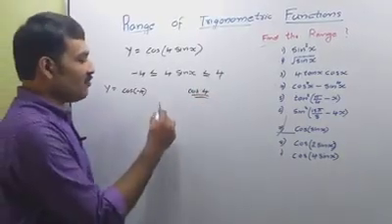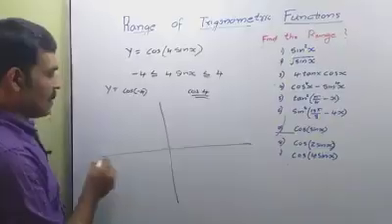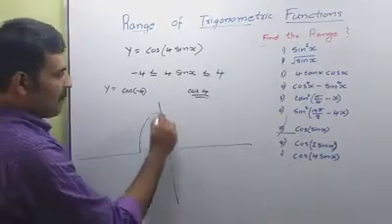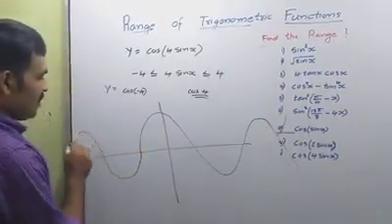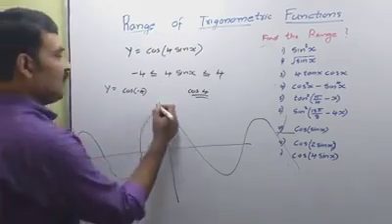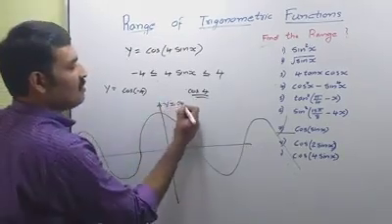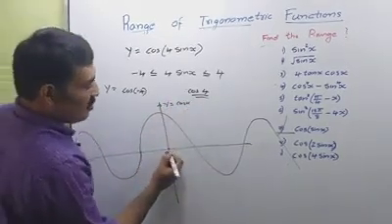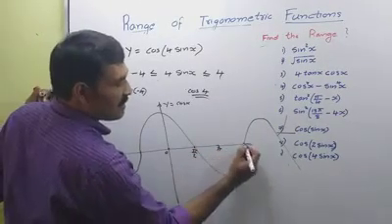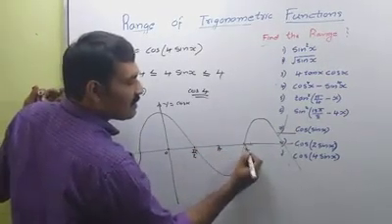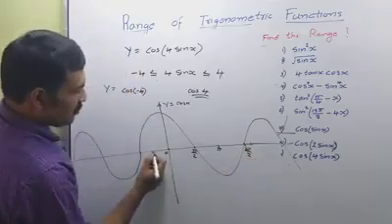Now we draw the graph of cos x. This is a graph of cos x. y is equal to cos x. 0, pi by 2, pi, 3 pi by 2.